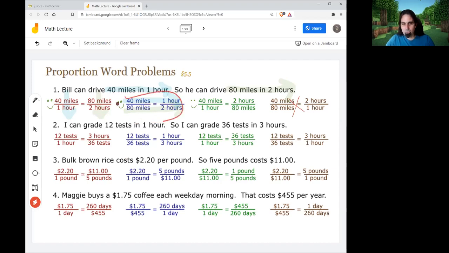But if you write it this way, there's nothing wrong with that. You can put situations on the top and bottom as long as kind of the directions are parallel. If miles is on one first, it has to be on the other first. So that one's actually okay, but admittedly, for most of our brains, quite awkward. How about the third one?